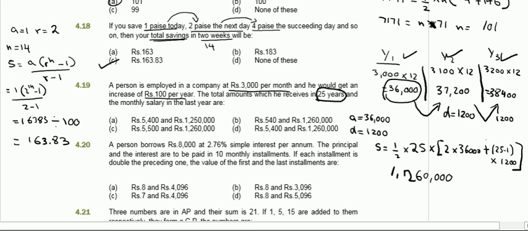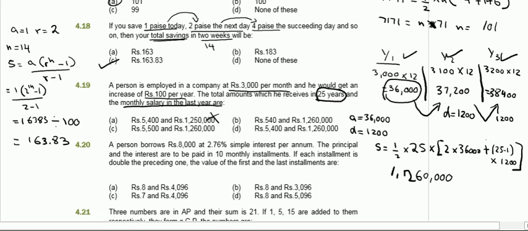So looking at the options, we can say that A cannot be the possible answer. The answer will either be B, C or D. Now if we check what will be our answer, it further says that the monthly salary in the last year. It also wants us to calculate the monthly salary in the last year.